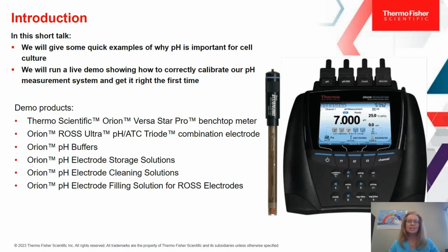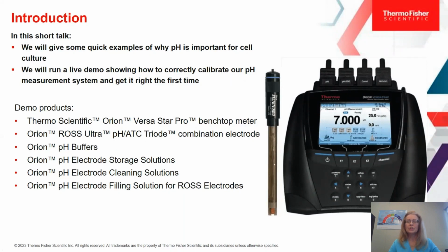That's great. Thanks, Angela. So welcome to this lab talk. I'm glad to be here with you today. We're going to start by highlighting some examples of how pH is important for cell culture. Then we'll run a live demo with the help of my colleague, Steve Krynak, who is on site at the Thermo Fisher Scientific Immersive Lab today.